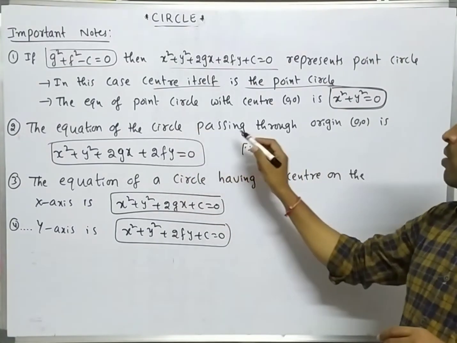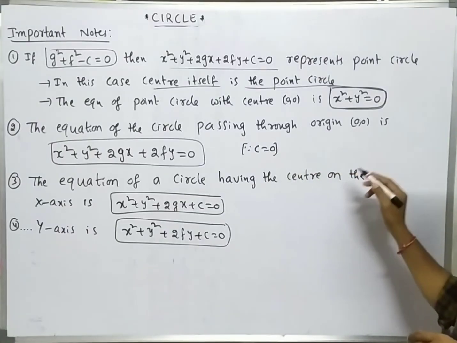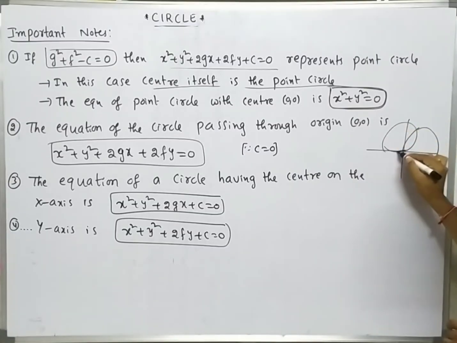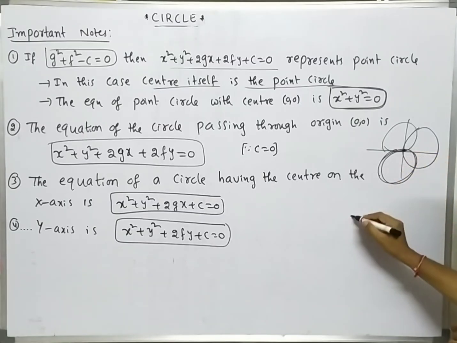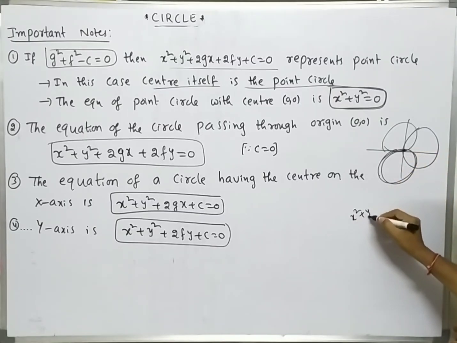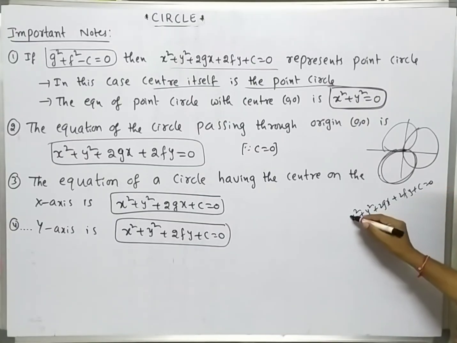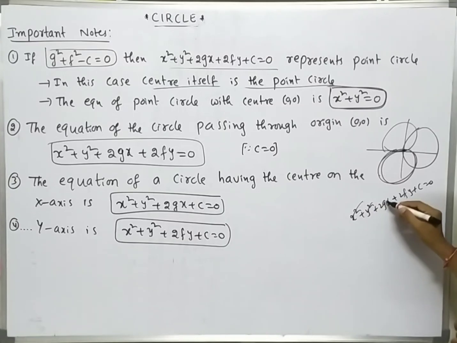The equation of the circle passing through the origin. That means there is a circle which is passing through the origin like this. There are infinitely many circles which are passing through the origin. So if a circle is passing through the origin, then immediately we can substitute that point, the origin, in the general equation.